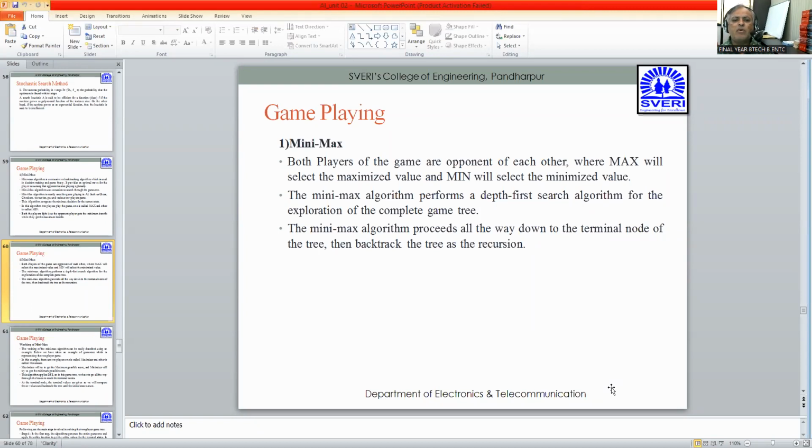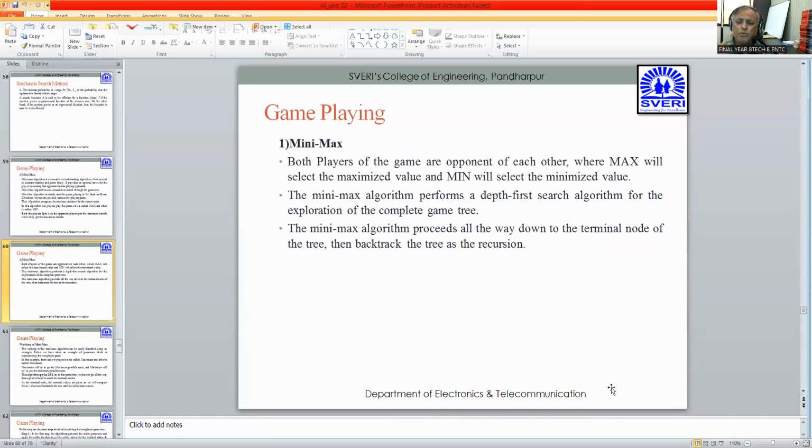The minimax algorithm performs a depth first search for the exploration of a complete game tree. It's a game tree, so you need that kind of search technique, and the one mostly used here is depth first search, that is DFS. The minimax algorithm proceeds all the way down to the terminal node of the tree and then backtracks up the tree as a recursion.